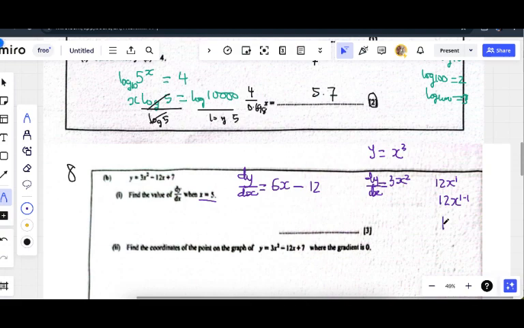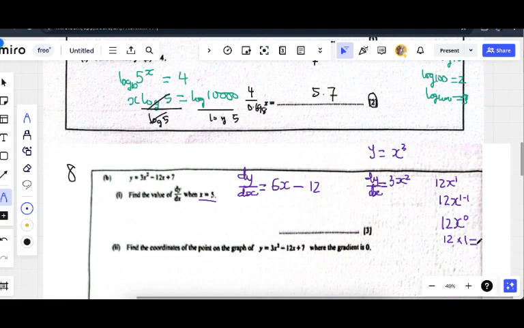So you have 12 multiplied by x raised to power 0. In indices, anything raised to power 0 is 1. So it becomes 12 times 1, and 12 times 1 is equal to 12.